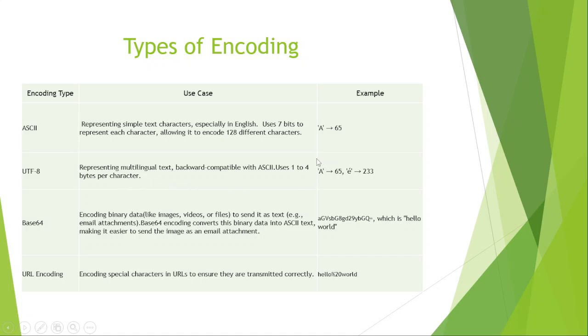For example, if we encode A, it will be 65, but if we encode this other character, it will be 233. This is not English, this is some other language, where you can see on top of the E there is an accent mark.